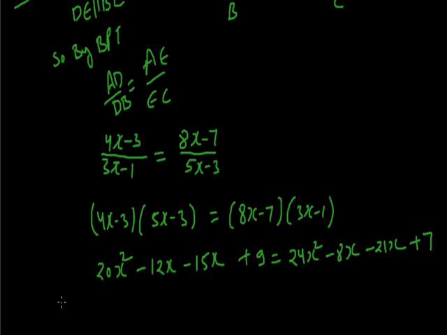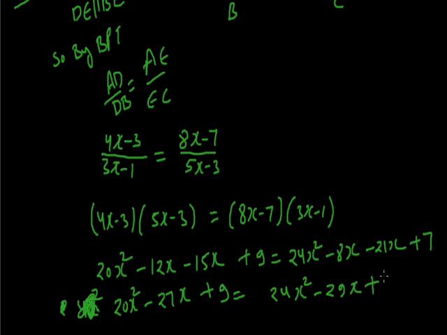Let's first simply solve this. 20x square, and minus 12x and minus 15x get added, that is minus 27x plus 9 equals to 24x square, and minus 8x and minus 21x becomes minus 29x plus 7.